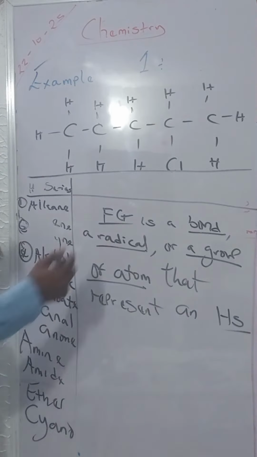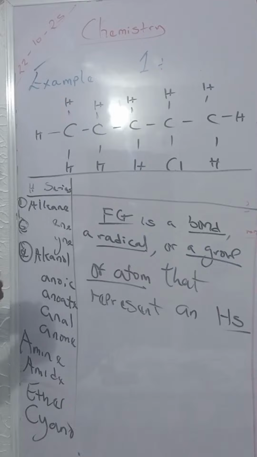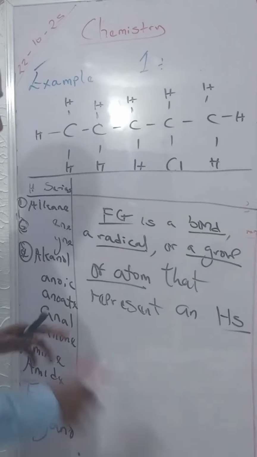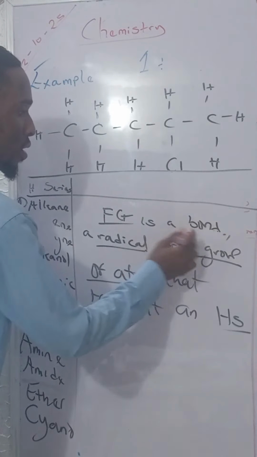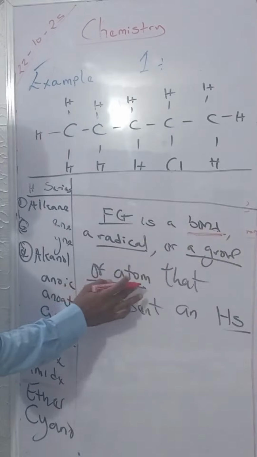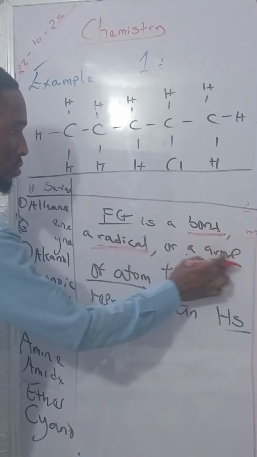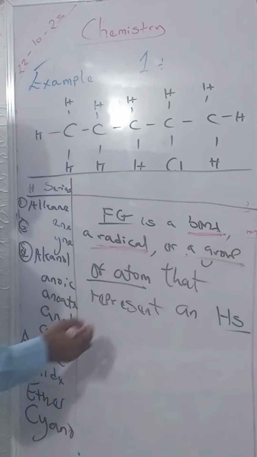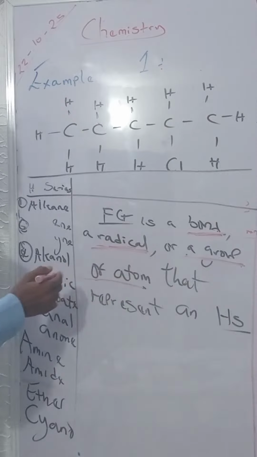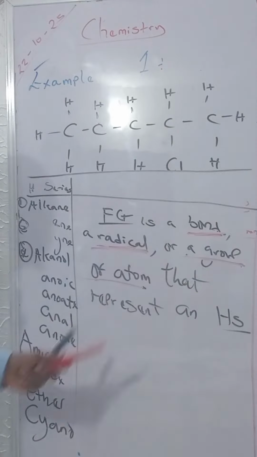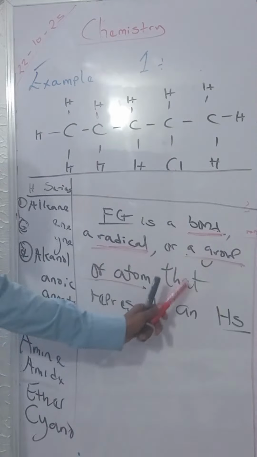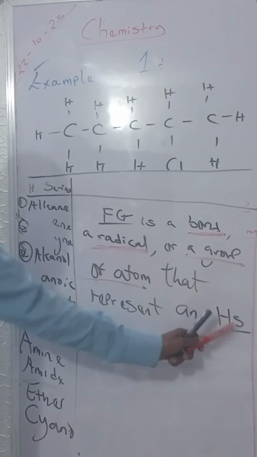All these short forms I'm writing, don't mix them up. So a functional group is a bond, a radical, or a group of atoms that represents a homologous series.